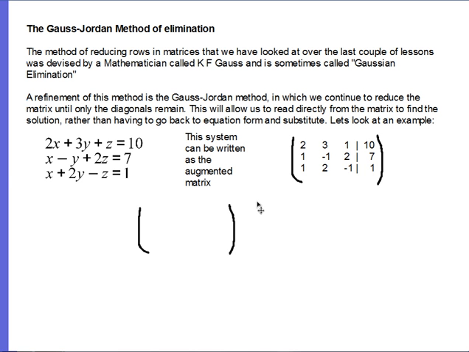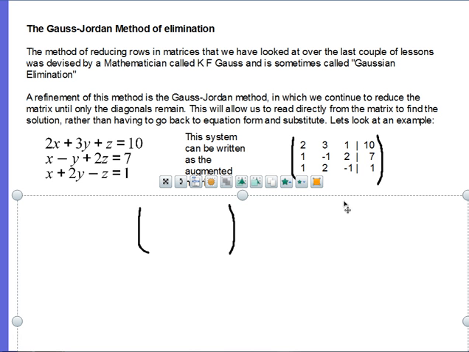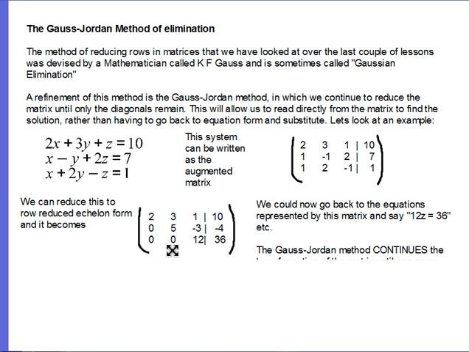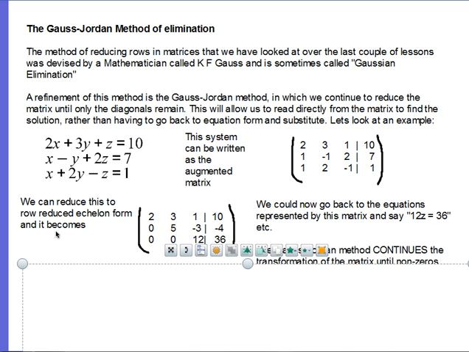Using the method that we learned over the last couple of lessons, we would try to reduce this matrix down to something like this, where we have 0, 0, 0 underneath the diagonal. And in fact we've already done that. I won't go through the steps of that because you know how to do that now. But we've reduced this matrix down to row reduced echelon form here.